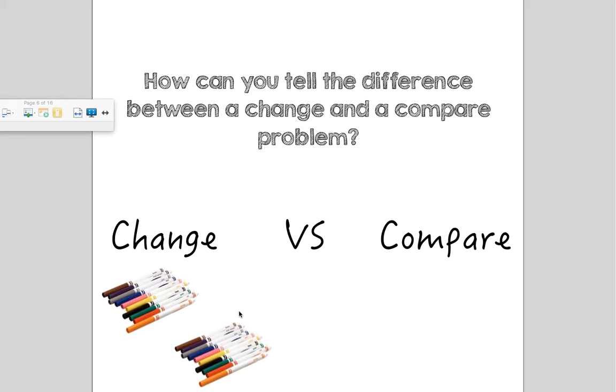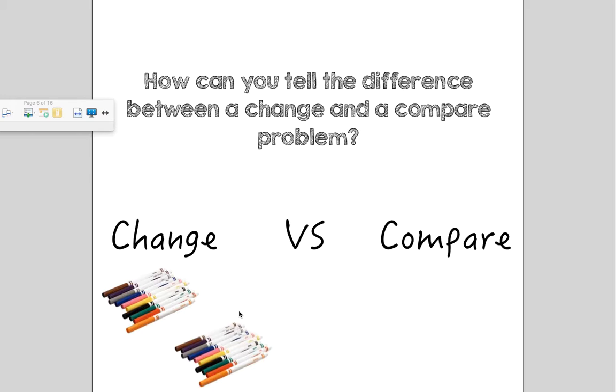I'm not figuring out who has more and who has less. It's just me, and I'm either adding some to my pile or taking some. And in this problem, I added some to my pile. It could be takeaway too, of course. But a change problem is where something is either added or taken away from my pile, and then I have some left, or I have more now. So that's what a change problem is.